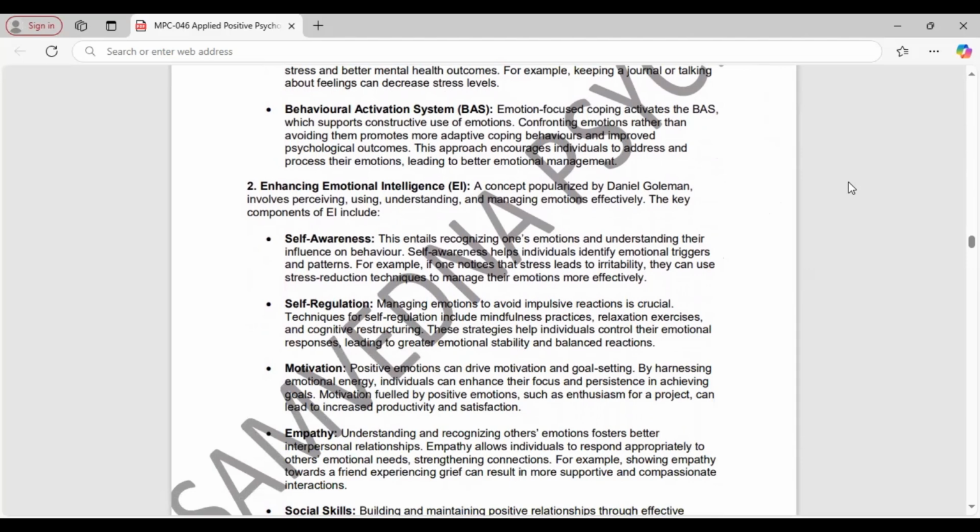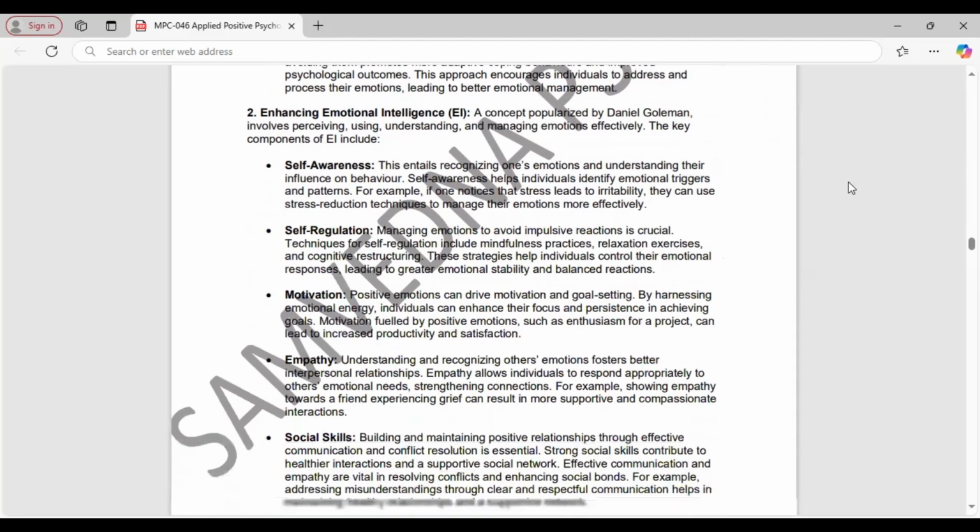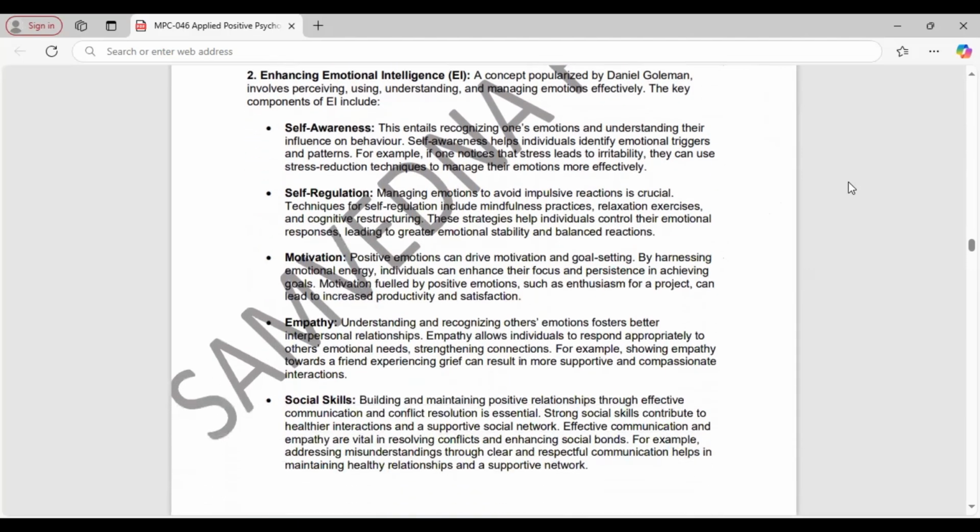And the key components include self-awareness. Recognizing one's emotions helps identify triggers and patterns, facilitating better emotional management. Self-regulation. Techniques such as mindfulness and relaxation exercises help manage emotions, leading to emotional stability. Motivation.